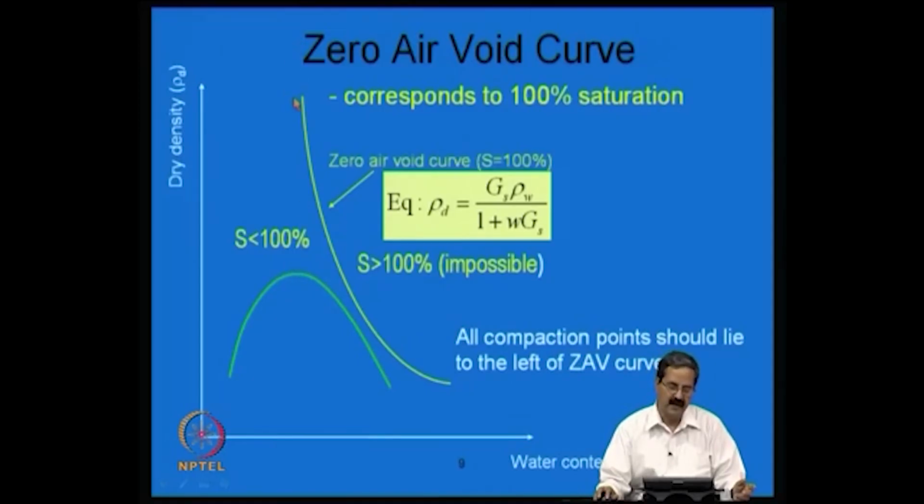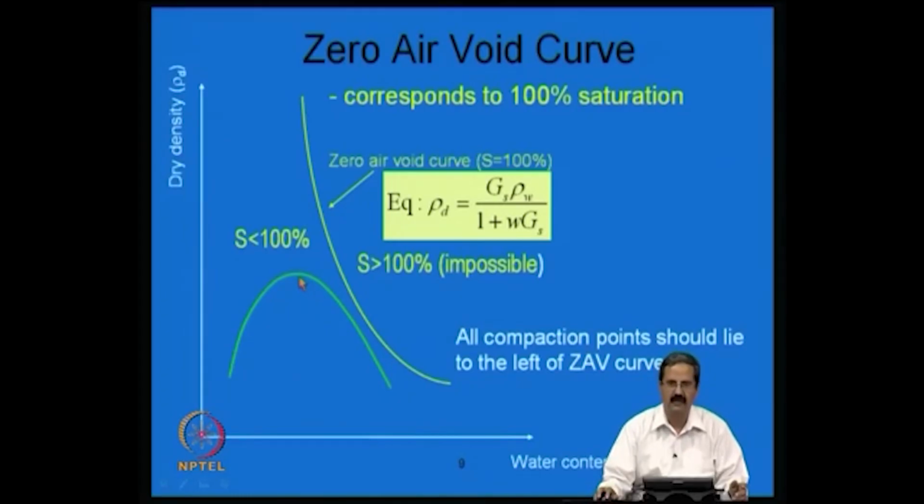It is always a good idea to plot the compaction curve in relation to the zero air voids line, because this gives the range of water contents. For example, this is the 100% saturation line, you have a 90% line here, 80% line here and 70% line here. The advantage would be that you will be able to understand the relative magnitudes of water content changes as well as density changes because of the influence of degree of saturation.